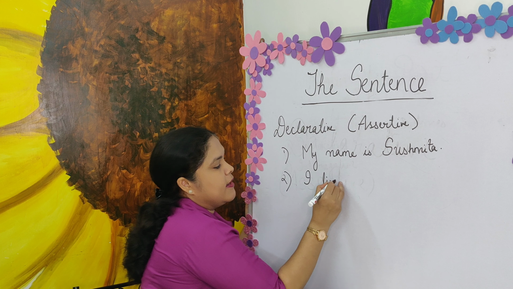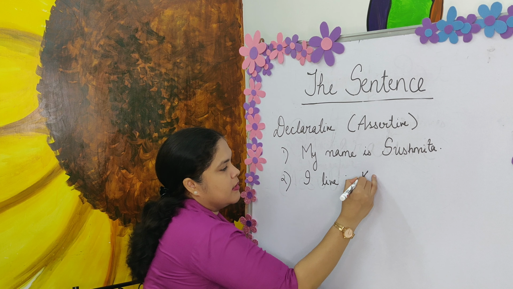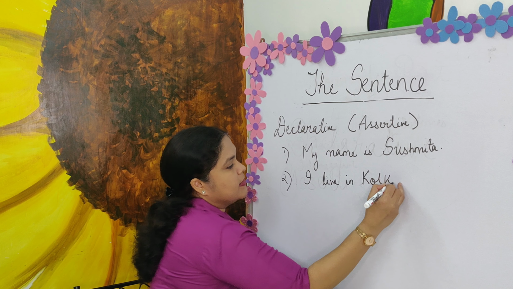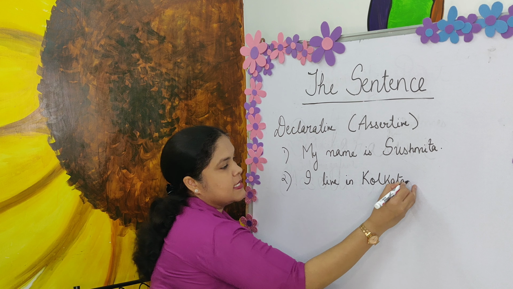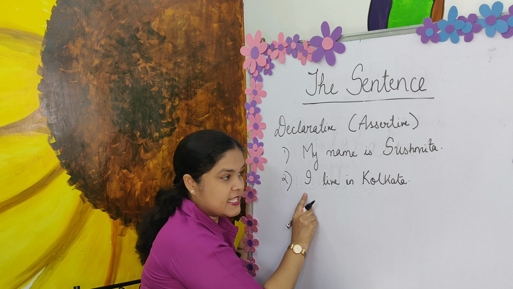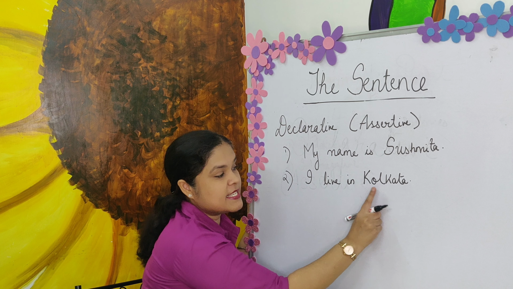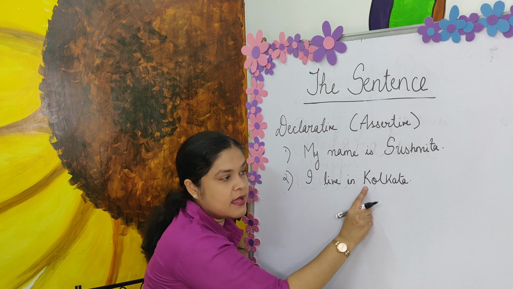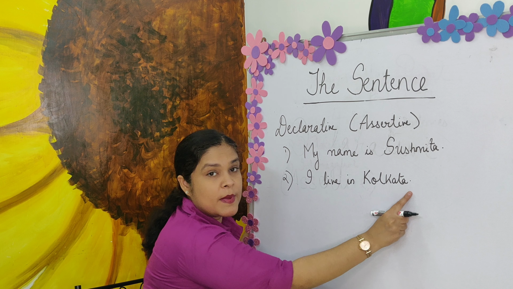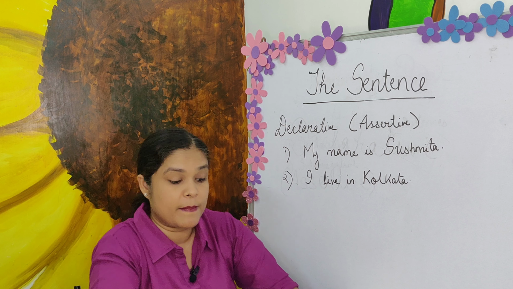I live in Kolkata. See, it started with a capital letter. There is a proper noun in the sentence. So it is beginning with a capital letter and it is ending with a full stop. See how all the rules are being connected.